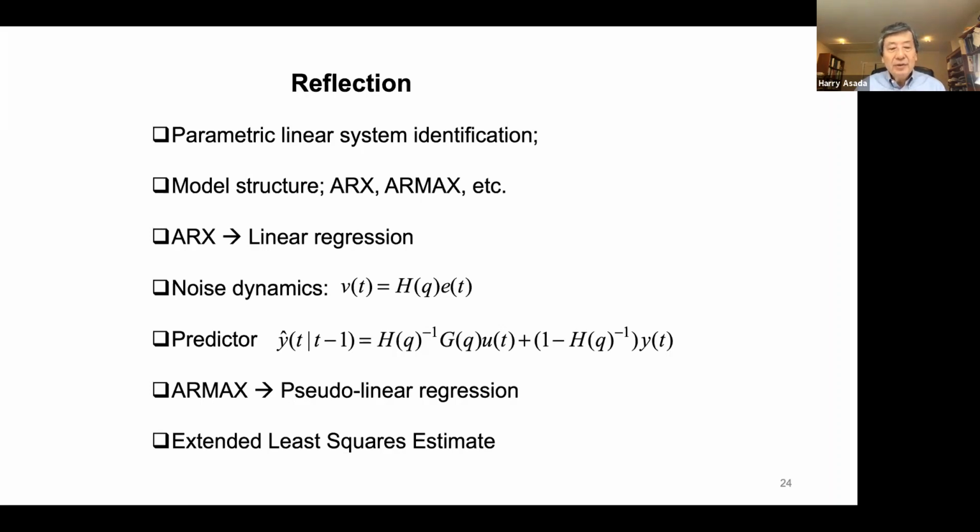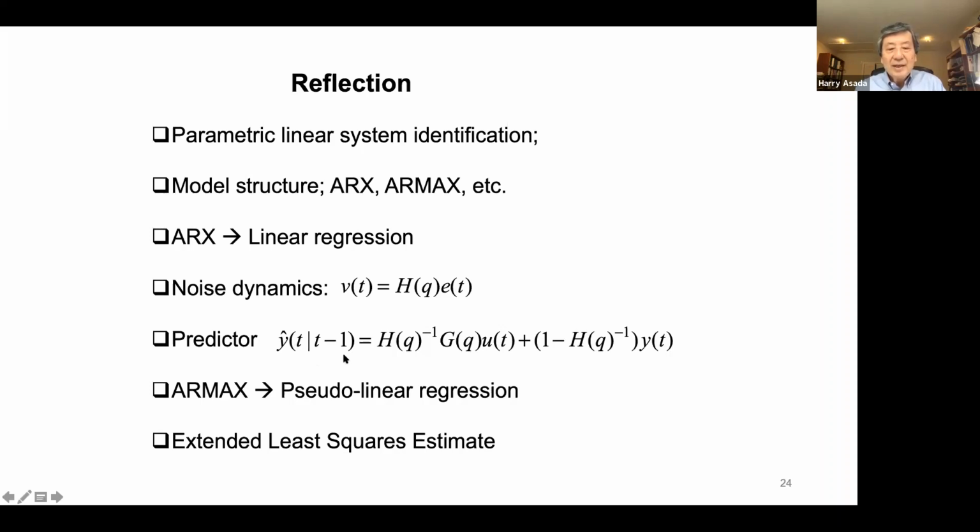In doing so, as far as we apply the prediction error method, we have to put together the best estimate, and that is given by the predictor ŷ(t|t-1), which is given by H inverse G(q) u(t) and such and such. So this is a function of your observations of y(t) and the input u(t) at time t-1 and further back. With that, we can predict this.